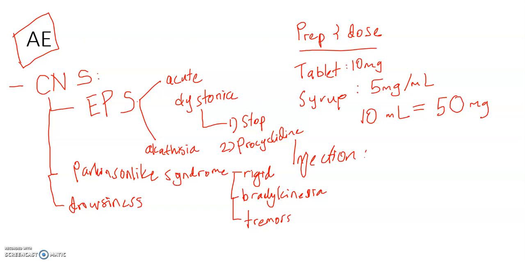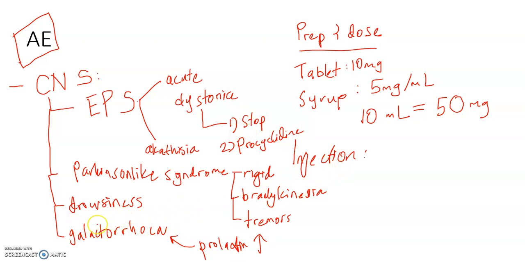Some patients might develop galactorrhea, which is an effect of having excessive prolactin. When prolactin goes up due to the drug, we have galactorrhea.